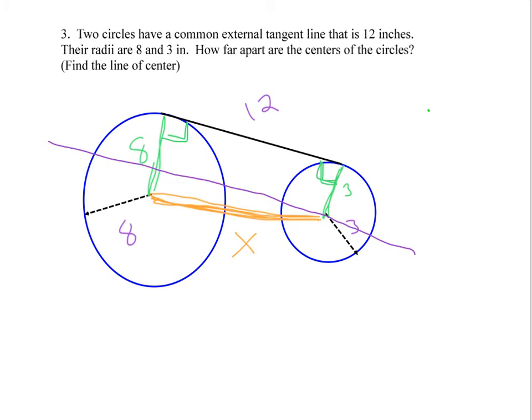So this line is parallel to the common tangent, which means now these lines are parallel right here. These are right angles. These are right angles. Well, a line that's perpendicular to one of two parallel lines must be perpendicular to the other. So these are all right angles right here, which means now I have a rectangle right here. And I also have a right triangle.